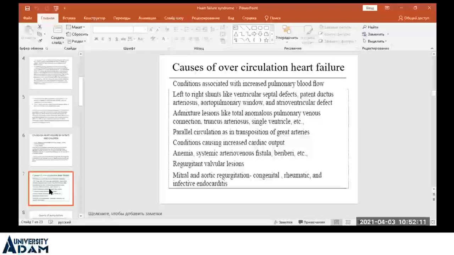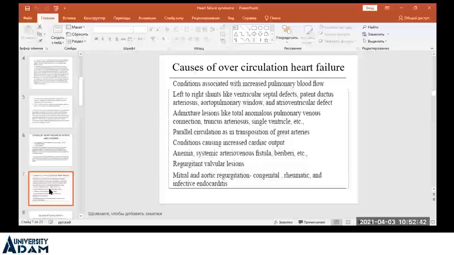Causes of overcirculation heart failure may be conditions associated with increased pulmonary blood flow, left-to-right shunts like ventricular septal defect, patent ductus arteriosus, aortopulmonary window, and atrioventricular septal defect. Admixture lesions like total anomalous pulmonary venous connection, single ventricle, parallel circulation as in transposition of great arteries.